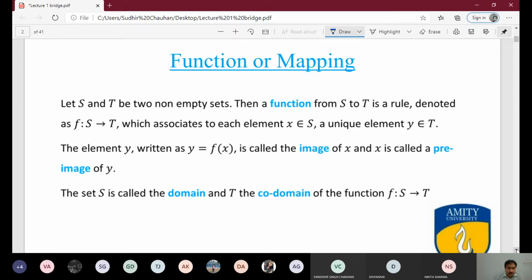Let us start. Let S and T be any two non-empty sets.